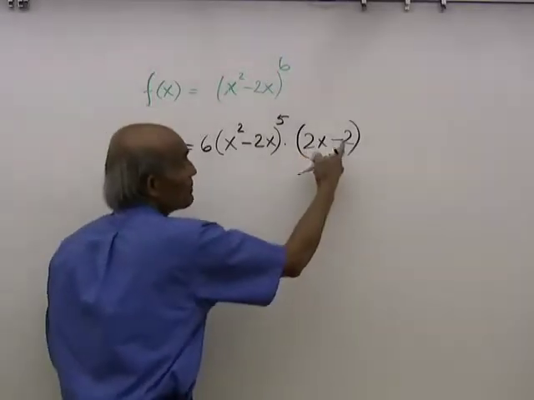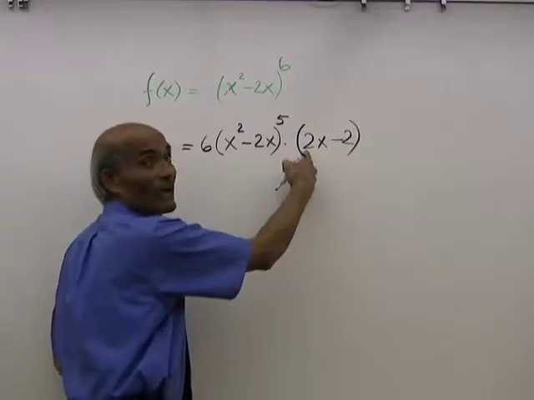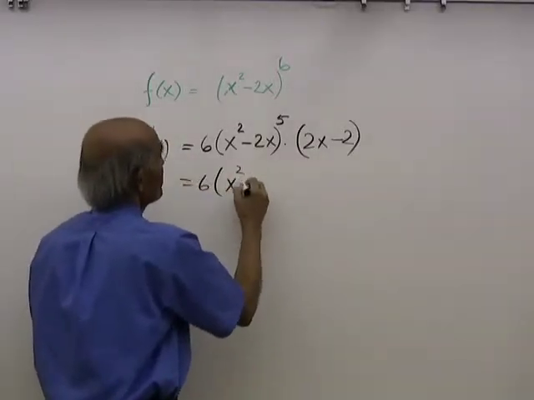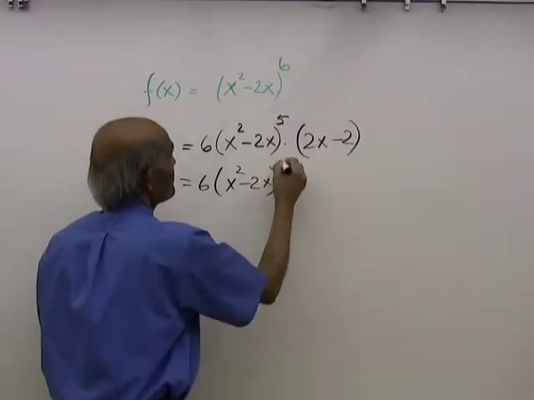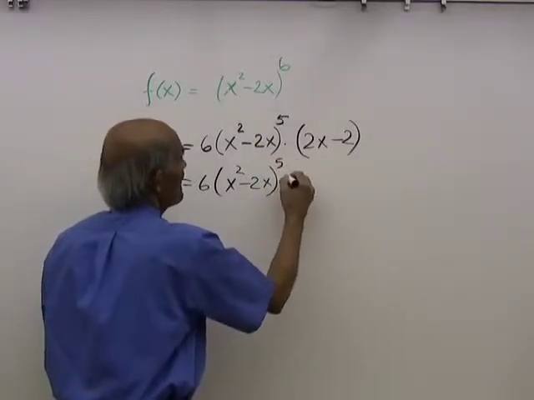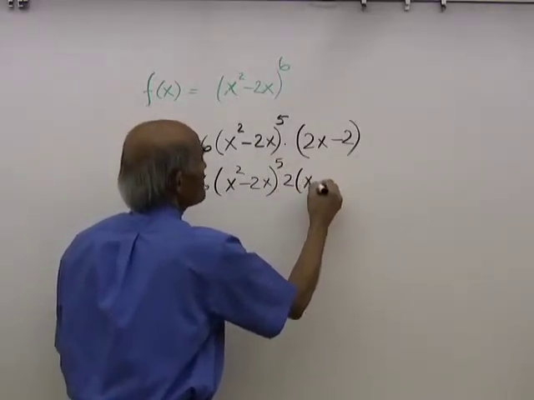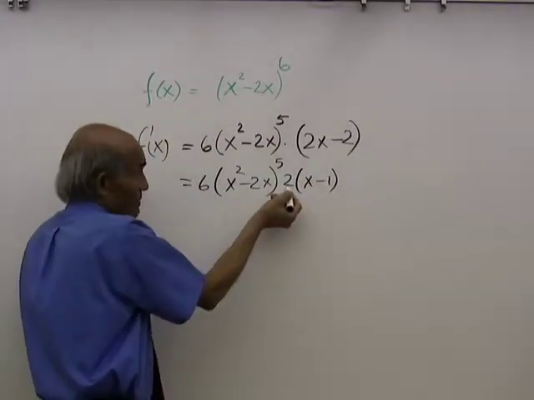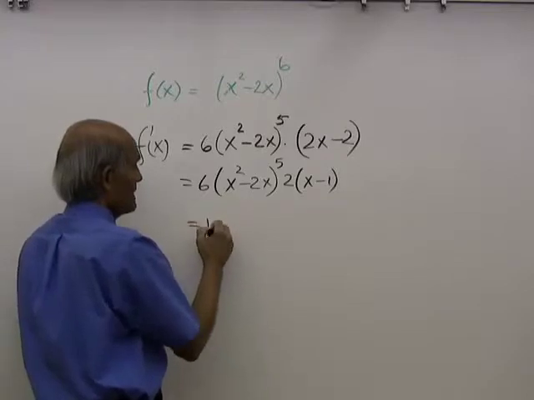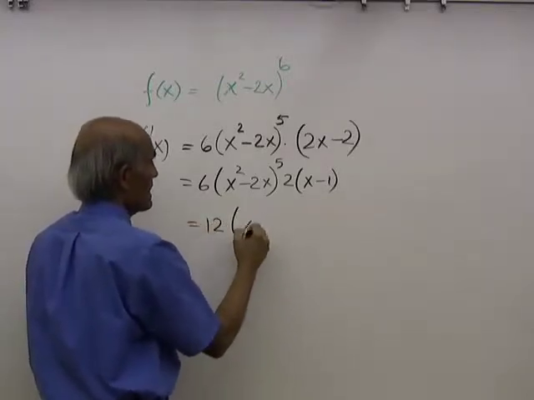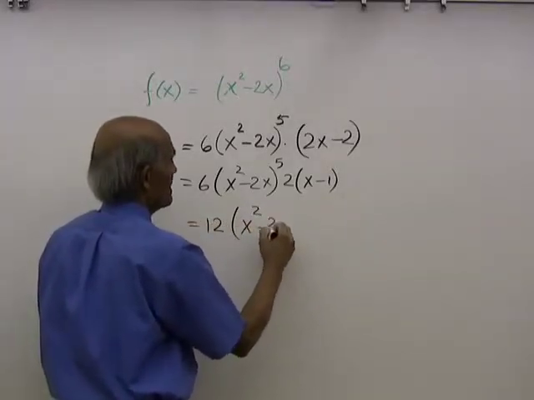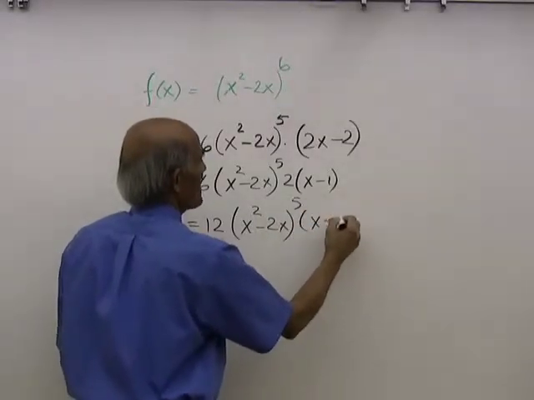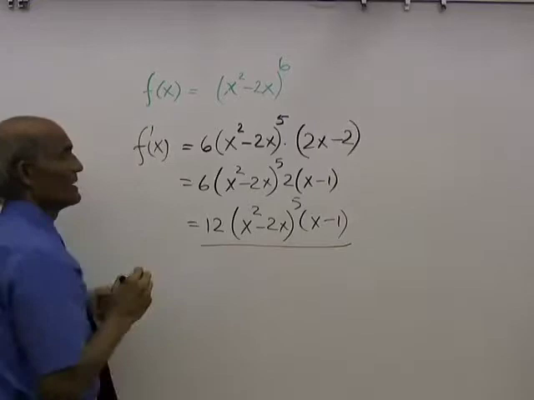And if you notice, we can factor out a 2 from there. So that will be 6 times x squared minus 2x to the power of 5 times 2 times x minus 1. Is that right? And now these two numbers multiply. That gives you 12 times x squared minus 2x to the power of 5 times x minus 1 is the result.